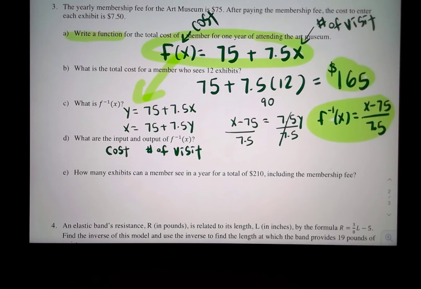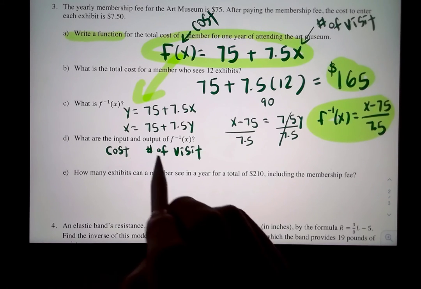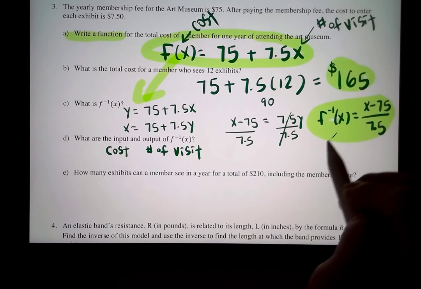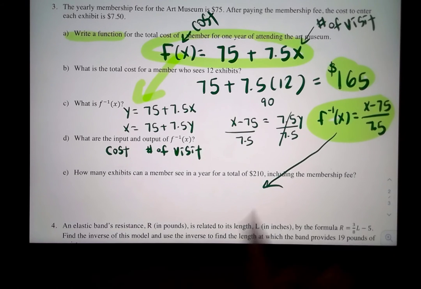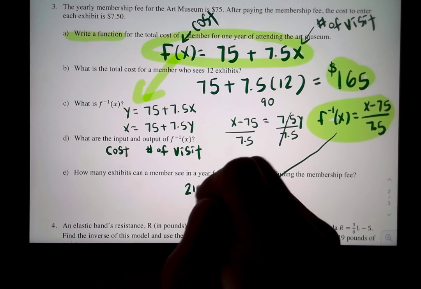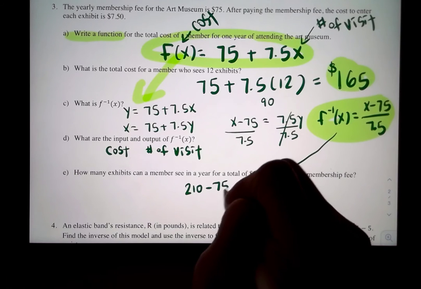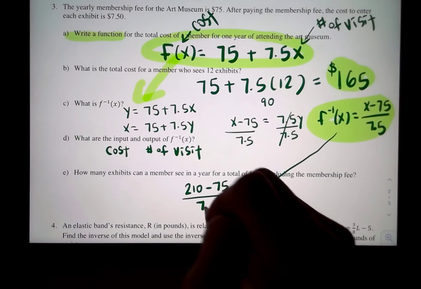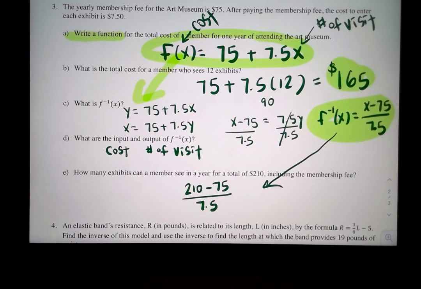And how many exhibits can a member see in a year for a total of $210, including the membership fee? So this time we just want to know how many exhibits. We can just use the inverse function for that, right? And 210, that's the money. So you can just plug 210 into x. So 210 minus 75 over 7.5.